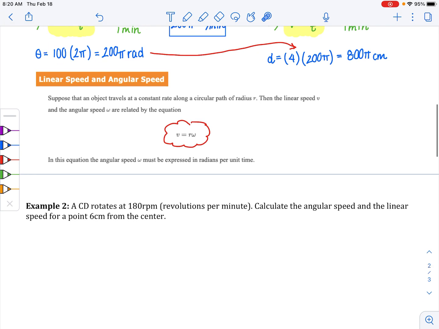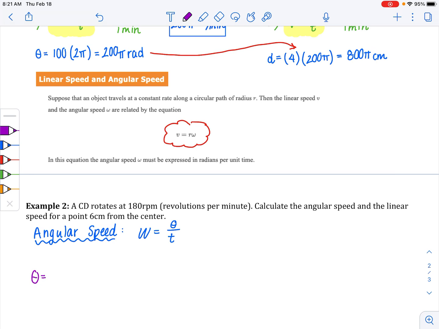So for the first one, let's calculate angular speed. When we do angular speed, I like to just write down the equation. Omega equals angle over t. The angle here, we're not given an angle. So we're going to have to use a little background knowledge here.